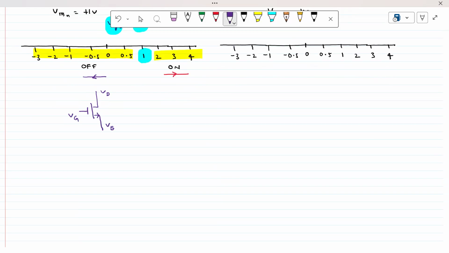This particular terminal is connected to so and so network. This is also connected with so and so network. Then what is the potential of this one and what is the potential of this one that makes this transistor on or off? That is what is important.